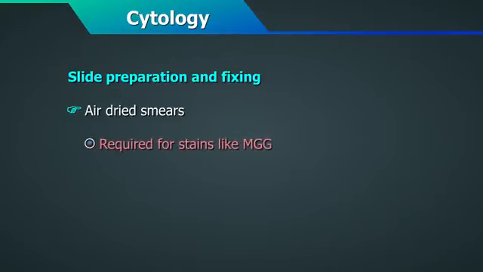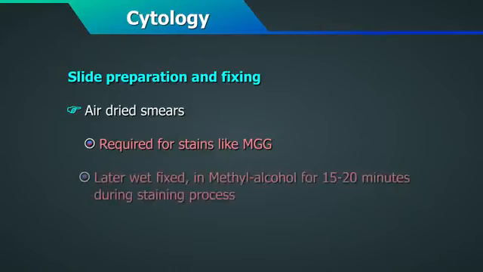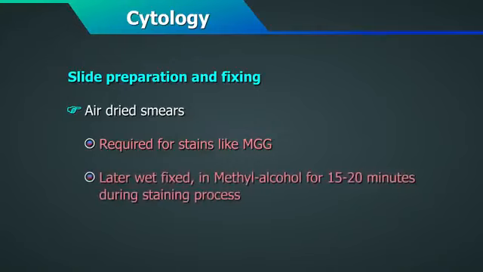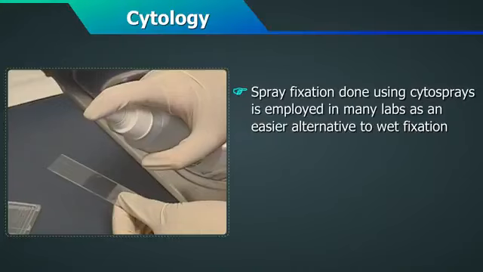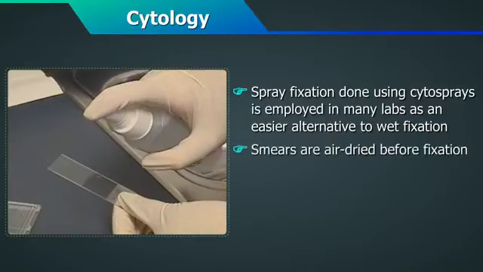Air-dried smears are required for some stains like MGG used in FNAC smears. They are later wet fixed in methyl alcohol for 15 to 20 minutes during the staining process. Spray fixation done using cytosprays is employed in many labs as an easier alternative to wet fixation. The smears are air-dried before fixation.